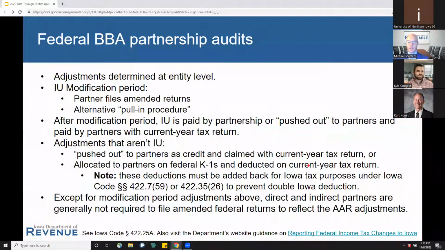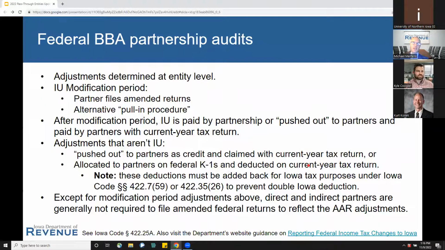Once the audit is complete and the IRS has determined any adjustments to the partnership's return, it starts this statutory modification period during which certain partners could amend their returns or participate in this alternative pull-in procedure, which is really just a substitute for filing an amended federal return.